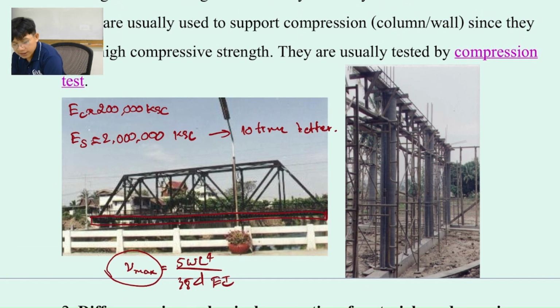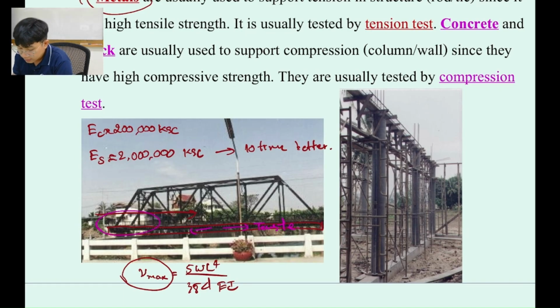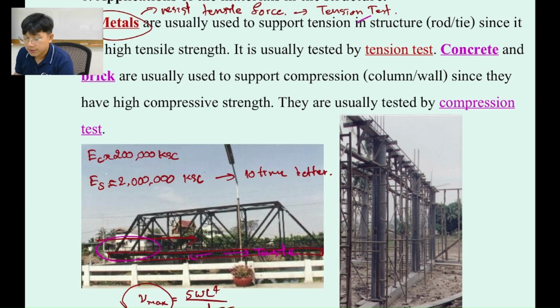So if you look at the application, when the train runs on this bridge, it will produce tensile stress on the steel members like this. So when it produces tensile stress, what happened? We're going to test the steel that's subject to the tensile load, so we're going to get its properties.